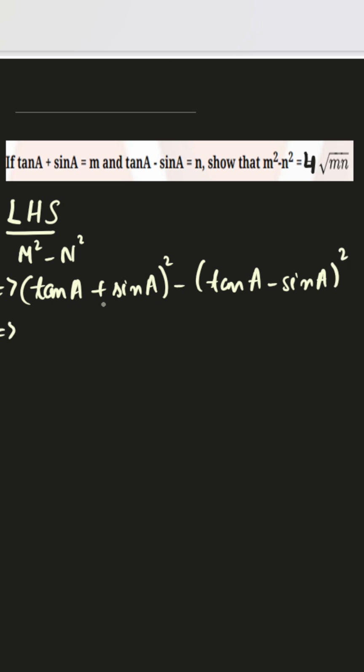Here, if you see this expression, this is in the form of (a plus b) whole square minus (a minus b) whole square, and this is a known identity in algebra. This gives us the value of 4ab, and here a is tan A and b is sin A. So this is my LHS expression after evaluating it.